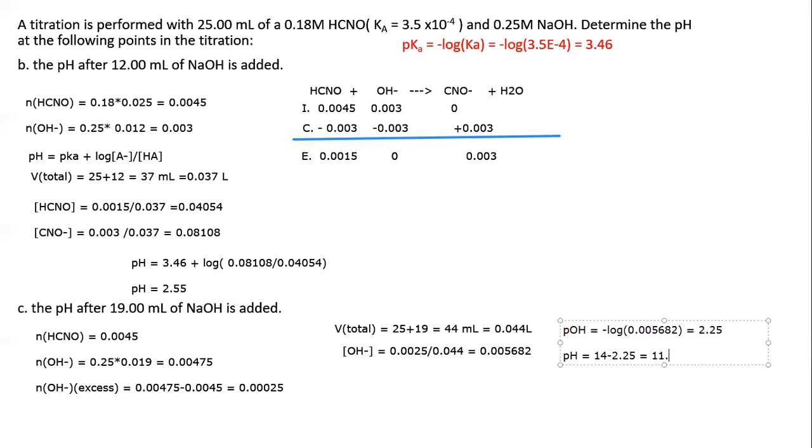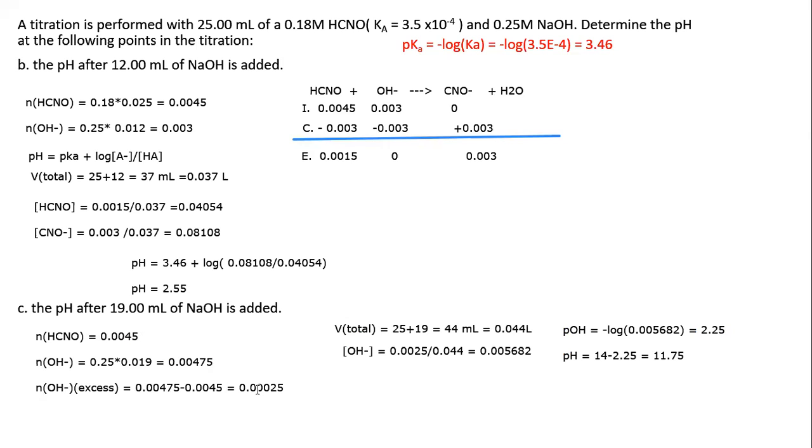We get 11.75. So again, the way I knew to use this process rather than the one in part B is because the moles of hydroxide are greater than the moles of weak acid. So that means there's an excess of hydroxide left over. So we found the moles of hydroxide that remained, divided by the new volume, and we get the concentration of hydroxide.